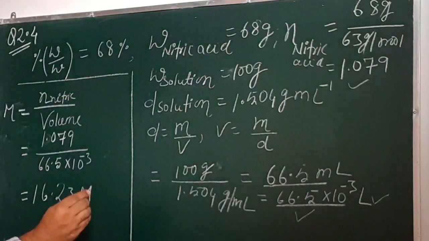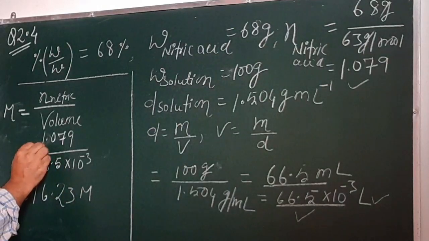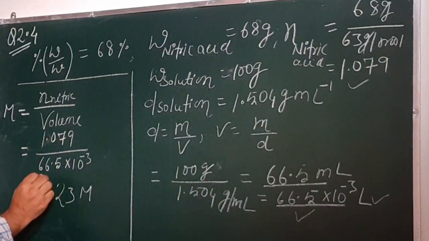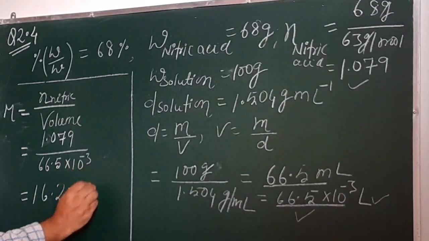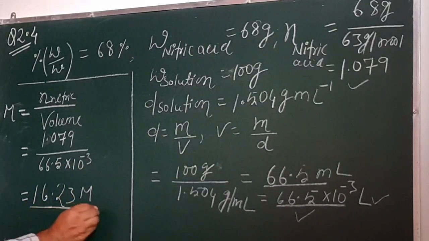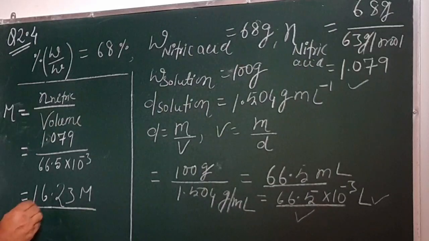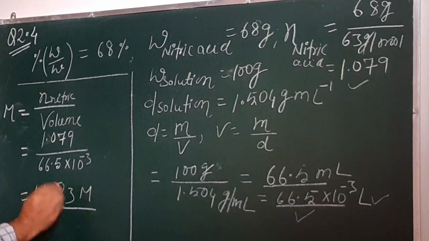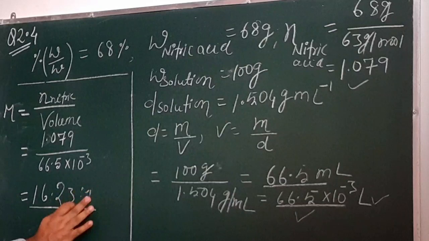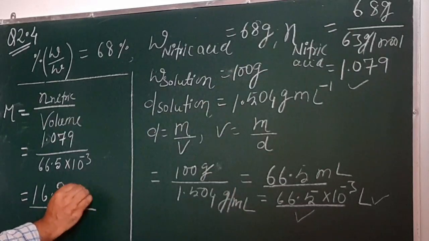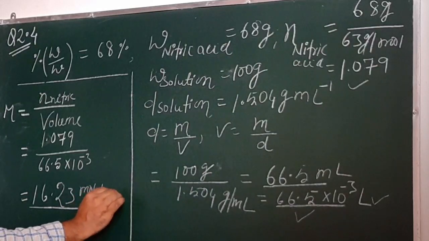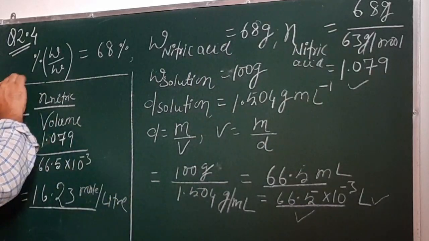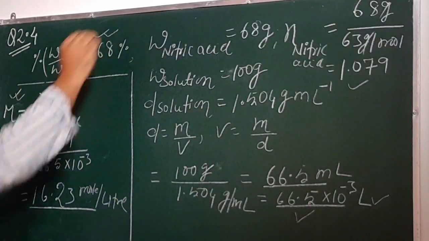If we divide the number of moles, 1.079, by the volume of solution in liter, we get the molarity of solution, and on solving, the molarity is coming 16.23 mole per liter. In place of capital M, you can write mole per liter. So this is the molarity of 68% nitric acid.